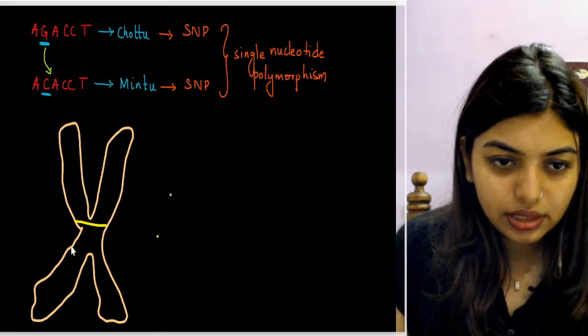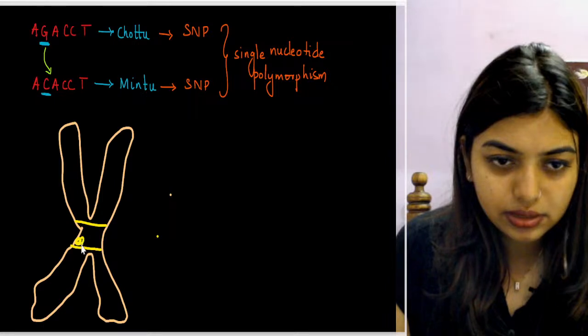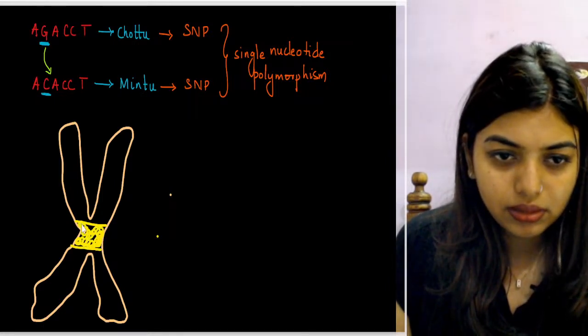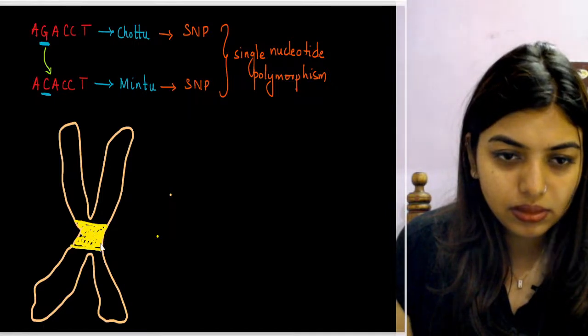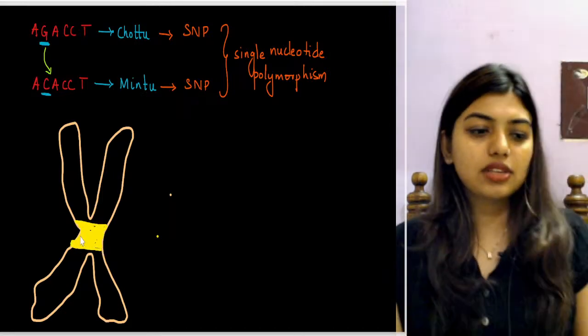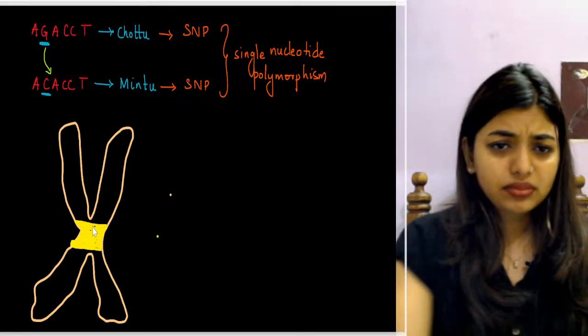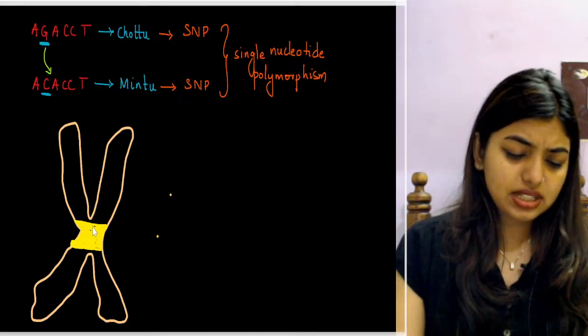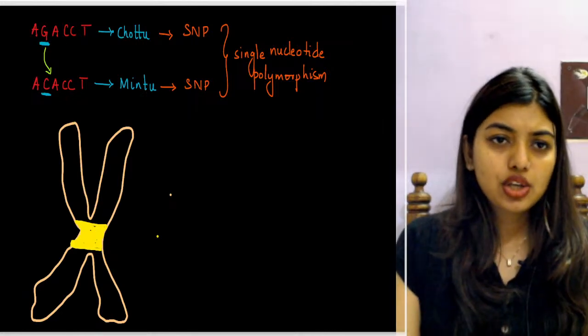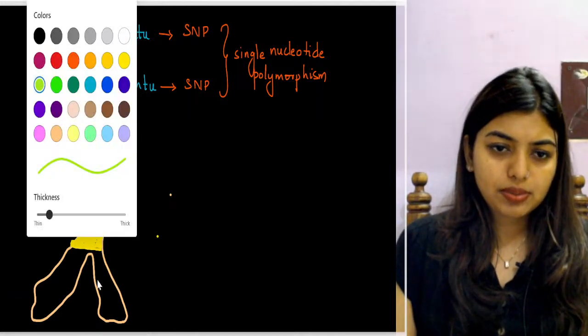Now let me first highlight this. Okay, this is one region. Now in this region itself you will be able to see so many parts. I'll tell you what those parts are.